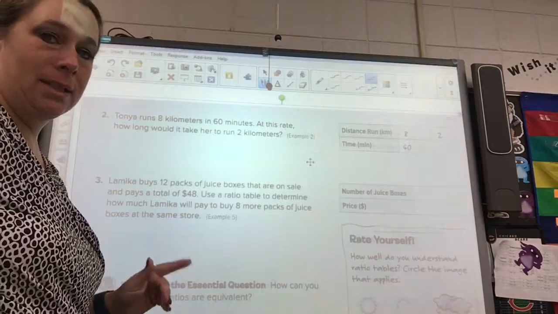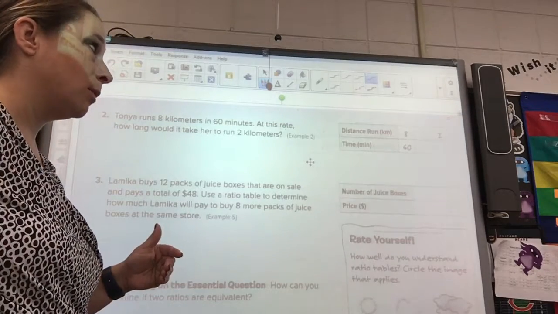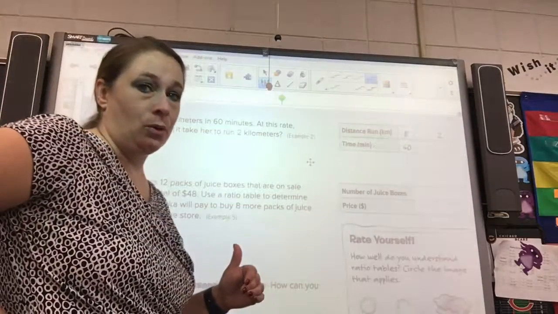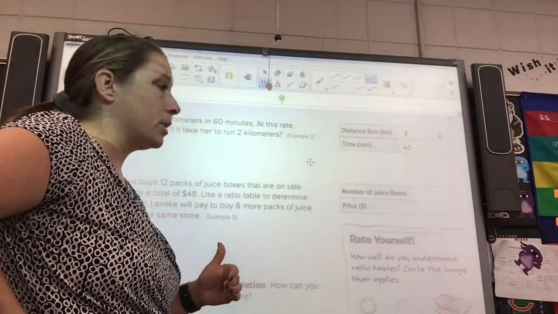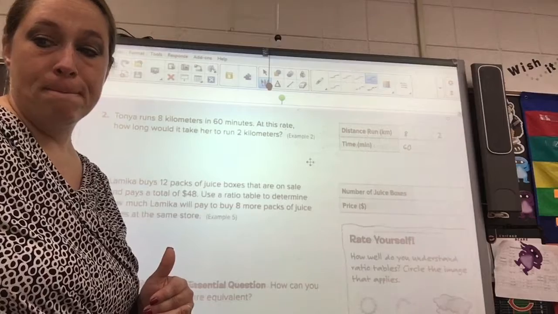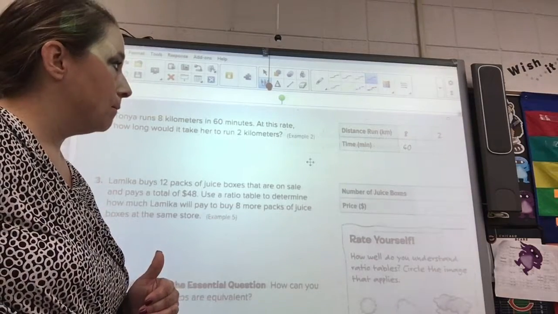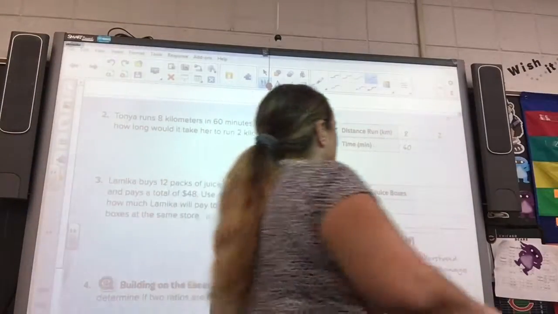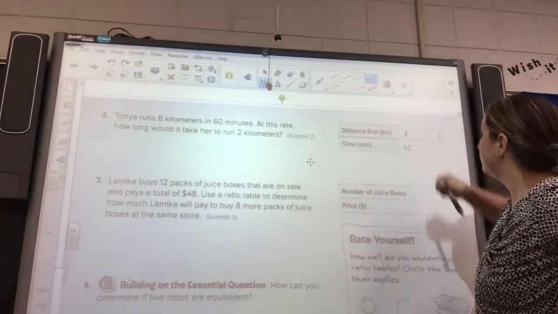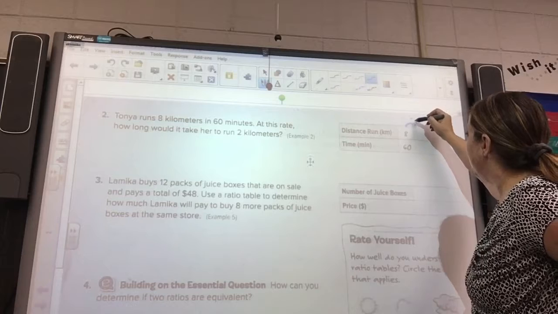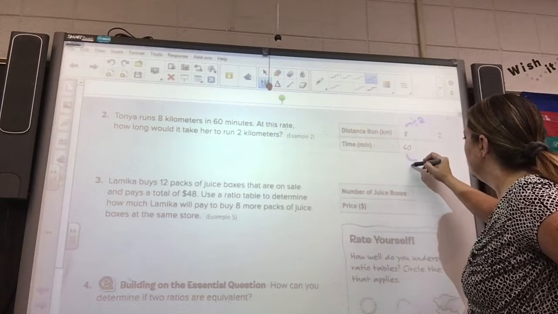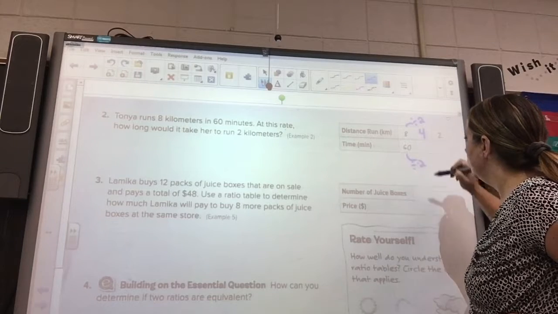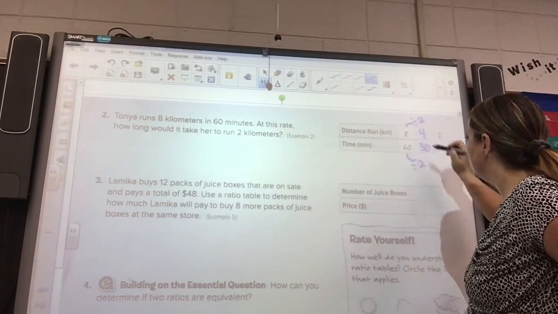What can we divide 8 and 60 by? We got to go down because going up isn't going to really help us. So if we scaled down, what could we divide both those numbers by? I think we could divide by 2. If we divide by 2, we would get 4 and 30.